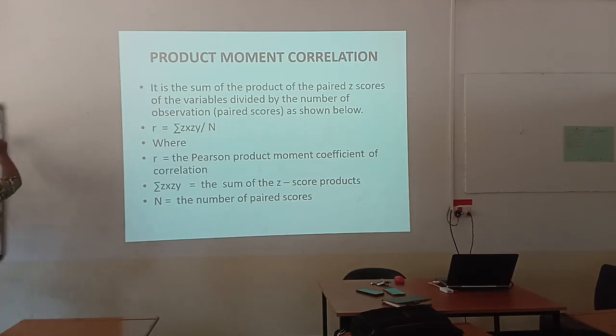So the z-score for statistics for student A times the z-score for mathematics for student A, plus the z-score for mathematics for student B times the z-score for student B for statistics. Similarly here. So those multiplications, when you have multiplied, then you add those and divide by 3, because there are 3 students. You will have the Pearson R.